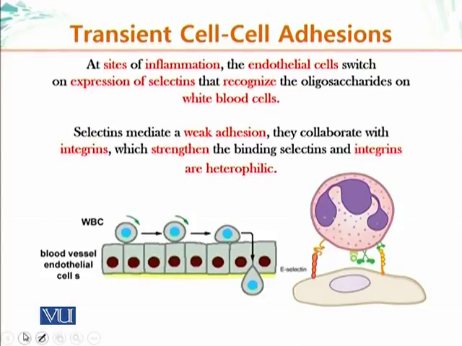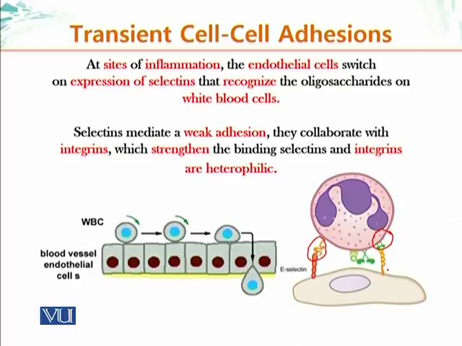Coming back to our example, at the site of inflammation, the endothelial cells switch on expression of selectins that recognize oligosaccharides on the white blood cells. This basically just slows down the white blood cells. They are still moving. Once this interaction takes place, it results in activation of another type of molecule in the white blood cell, and this molecule can bind a specific structure on the surface of the endothelial cell in a very tight manner.